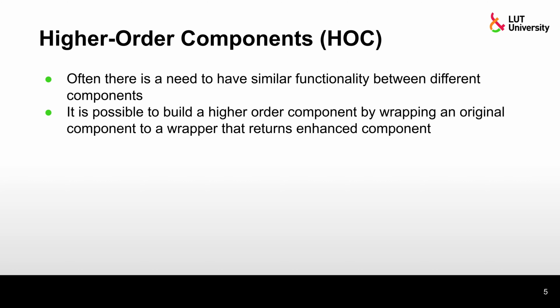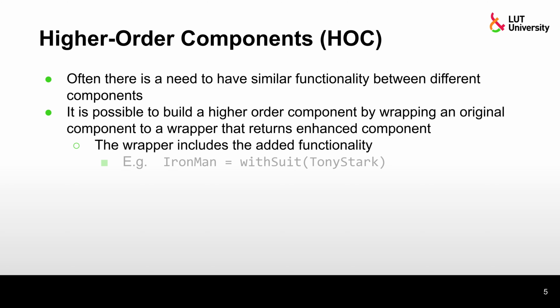So only some parts of the code can implement that. Some other functionality and some components do not need to have it. So this wrapper includes the added functionality. For example, we could think of it like this, that we would have Tony Stark, who is a normal human, and with the suit he becomes Iron Man.